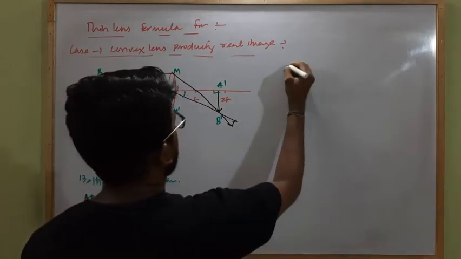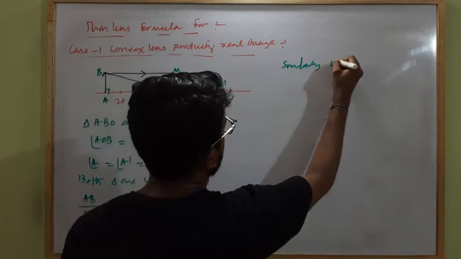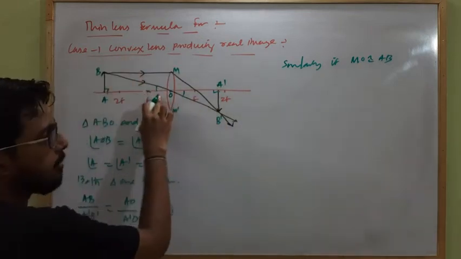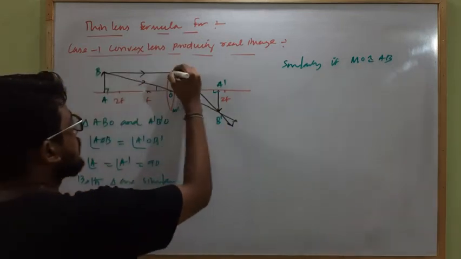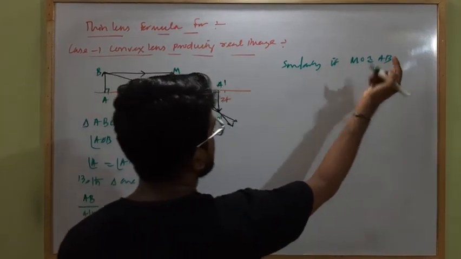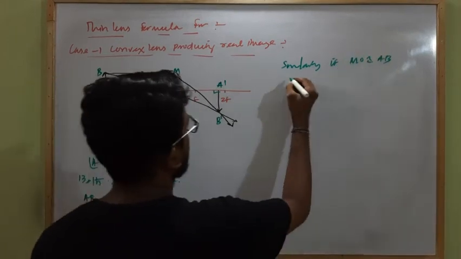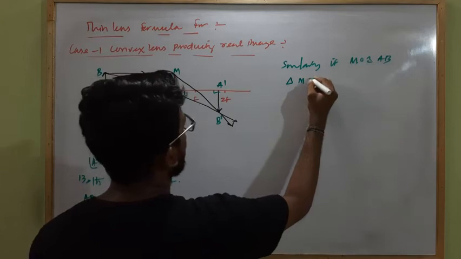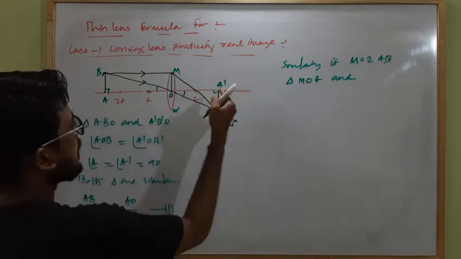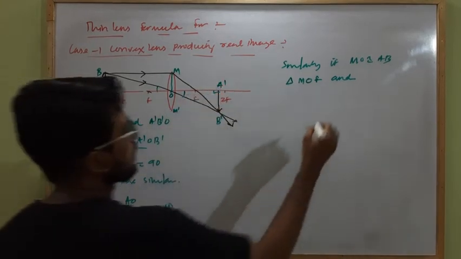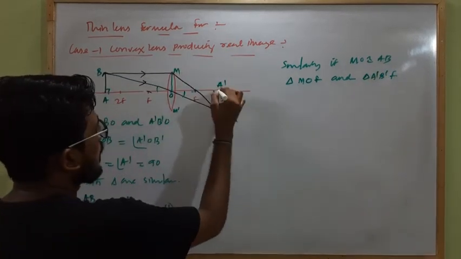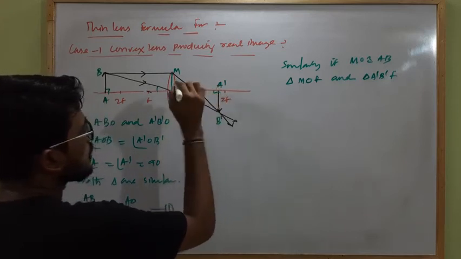Clear? Similarly, MO is nearly equal to AB, because this is the ray which is parallel to the principal axis. That's why AB must be nearly equal to MO, because the ray comes parallel to the principal axis. Similarly, since MO is nearly equal to AB, you can write in the triangle MOF and triangle A dash B dash F. So this is the triangle MOF and A dash B dash F. These F angles are opposite to each other.